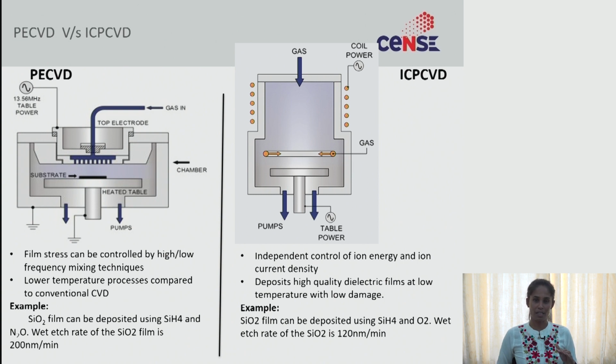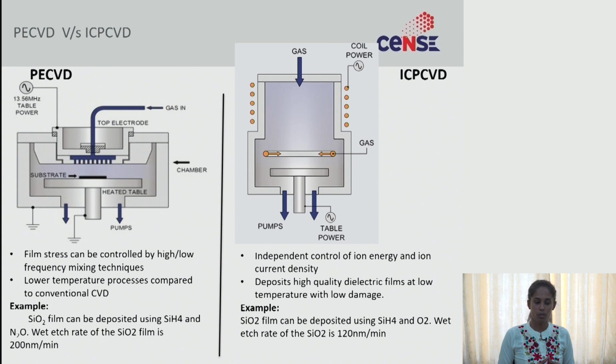Because of the plasma density, the density and quality of the films you get will be different for PECVD and ICP-CVD. In PECVD, one of the advantages is that we can switch between two different RF powers, high frequency and low frequency, so we can control the stress of the film.